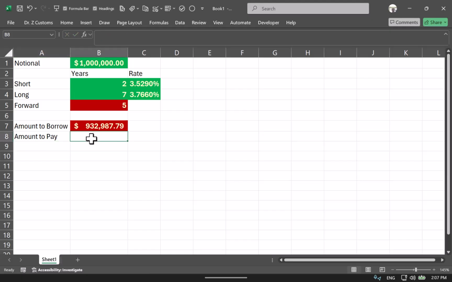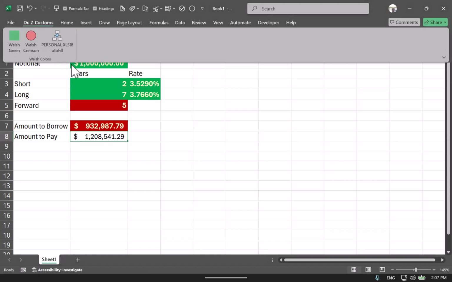I'm going to borrow that much right now, but I'm borrowing that for 7 years at the 7-year rate. So let me make that a slightly different color.